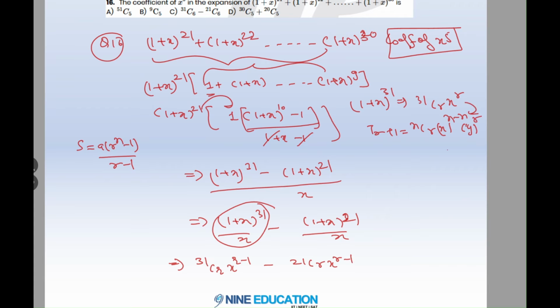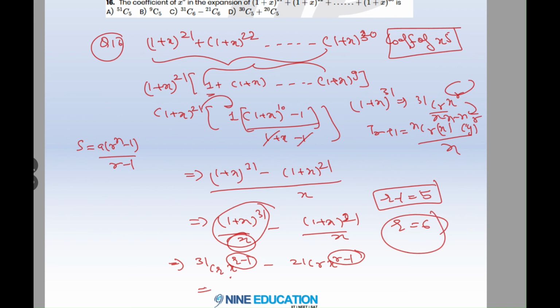So this is the general term. But since you are dividing by x also, the power will be r minus 1. Now you have to find the coefficient of x power 5. If you want the coefficient of x power 5, then r minus 1 should be equal to 5, then r should be 6. So the final coefficient is 31C6 minus 21C6. Option C.